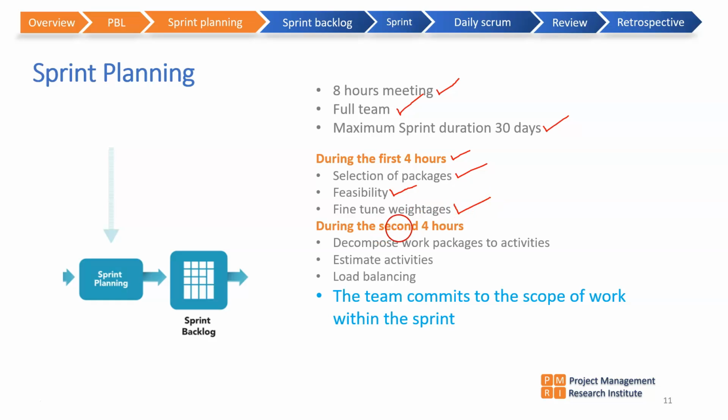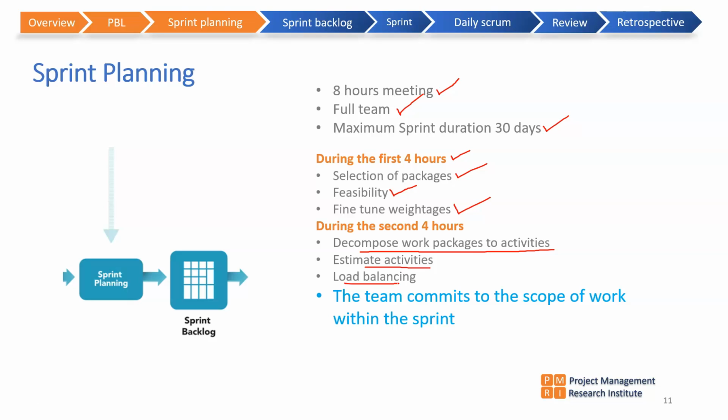During the second 4 hours, the team decomposes the features into activities, estimates the activities, and then does a kind of load balancing. That means: what is the team size, how many working days are there in this 30 days, how many hours, what is the total estimated hours for the work, and what is the capacity available.